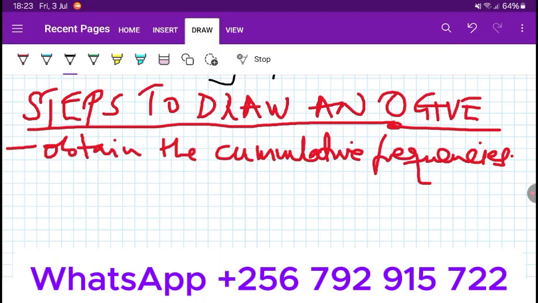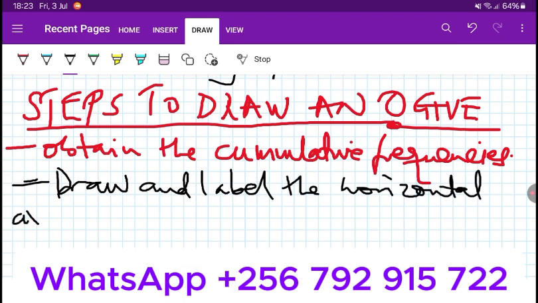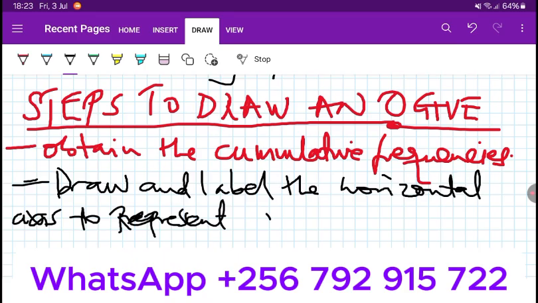Of course, the second step is for us to draw and label the horizontal axis to represent the class boundaries.